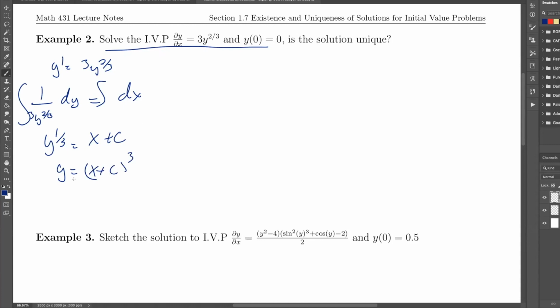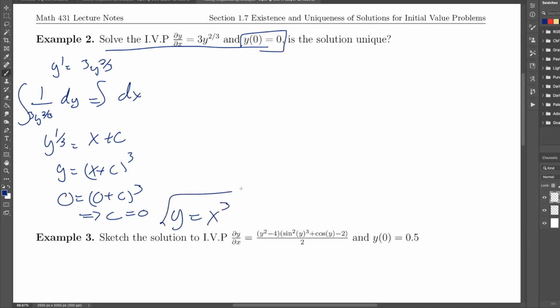Now I'm going to use my initial conditions. So 0 equals 0 plus c cubed. That implies c is equal to 0. So here I have y is equal to x cubed. So here's my solution to my equation.